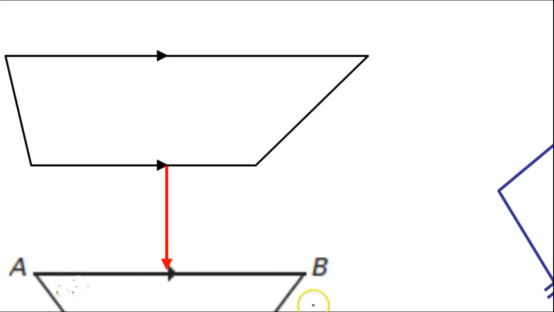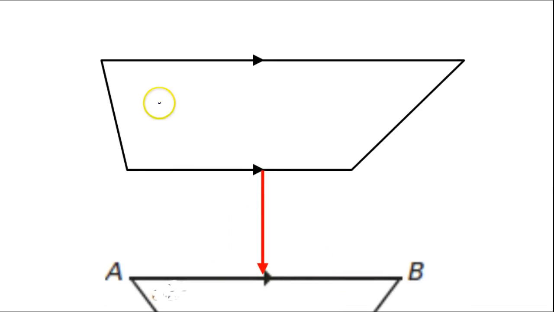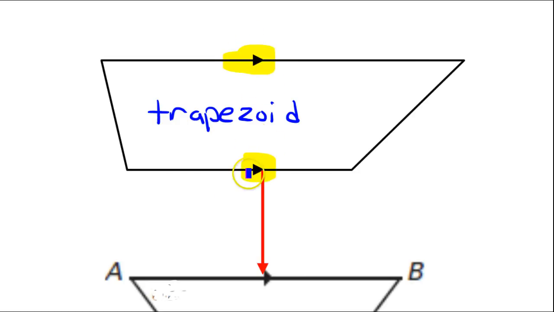Now, there are 3 more shapes that you need to know about. This is called a trapezoid. Hopefully you can tell from these markings right here. These markings mean parallel sides. Not equal. It means they're parallel.